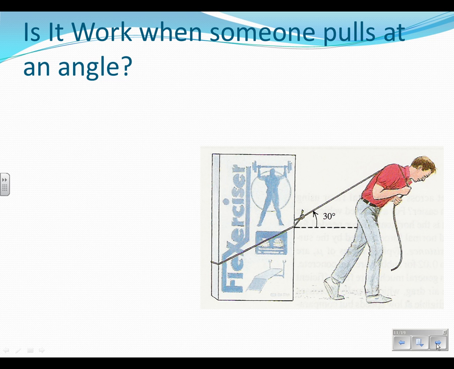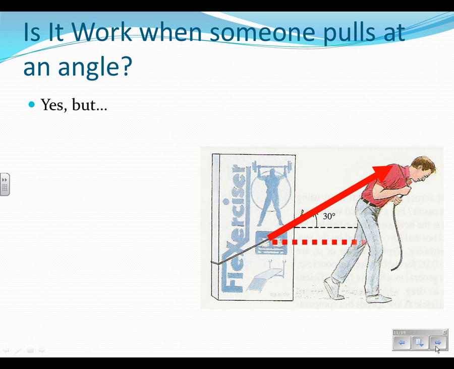Is this work, as this guy pulls on the box and drags it across the room? Is it moving? Yes, he's moving it across the room. So is it work? Yes. But he's applying a force how in this picture? At an angle, right? But which way is the box moving? Horizontally. So is his whole force going to changing the energy of that object?